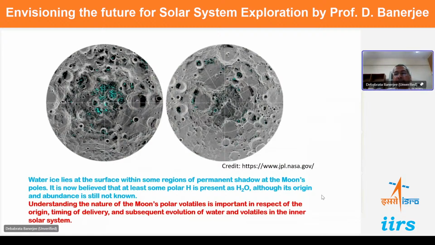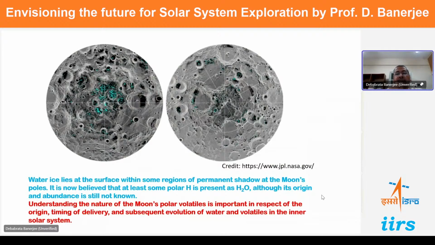Now, it is believed that some polar hydrogen is present as water. One could argue that the neutron spectrometer experiment or the gamma ray spectrometer only looks at a hydrogen signal, but it has been confirmed as water.